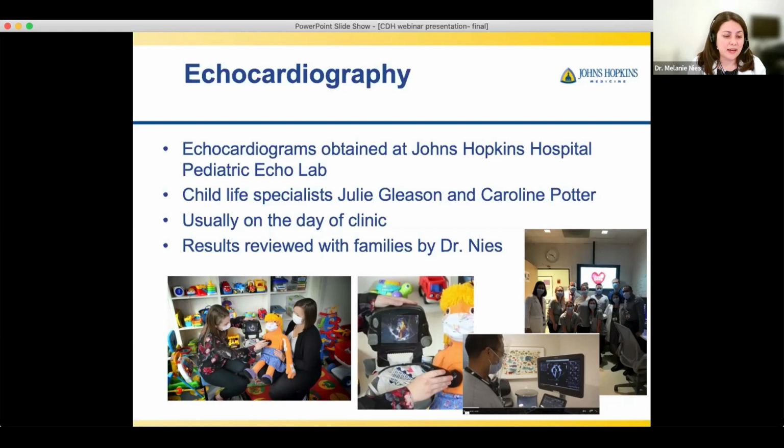Here I have two of our child life specialists. They have this little mini echo machine that they made, and they're showing a child what to expect for an echo. And here's our lead tech as well, doing an echo in our group. And then I'll be able to review those results with the family and put it into perspective that same day. Next slide, please.